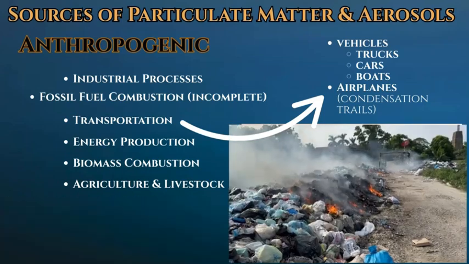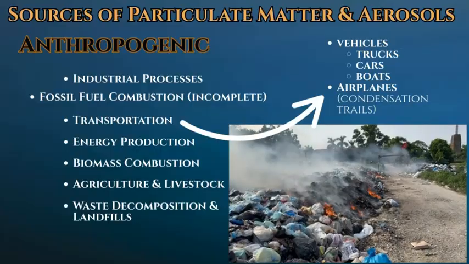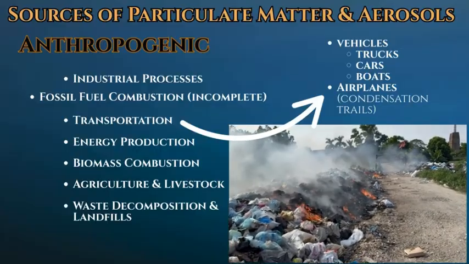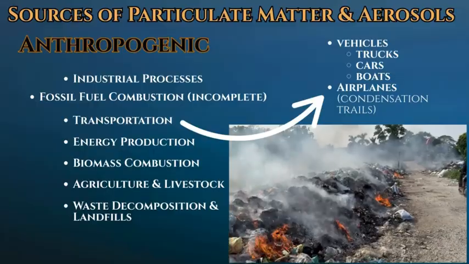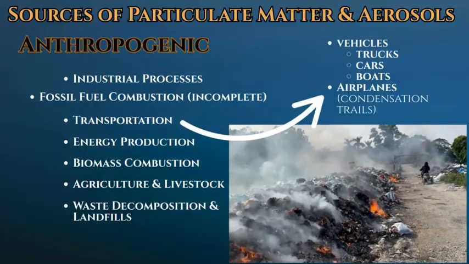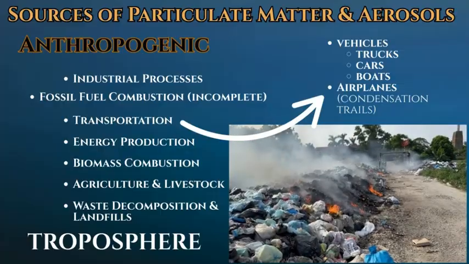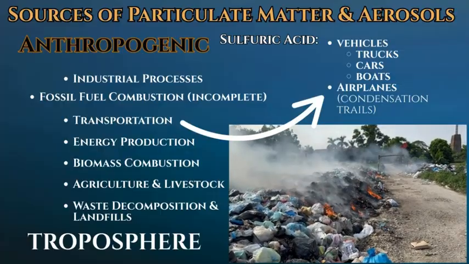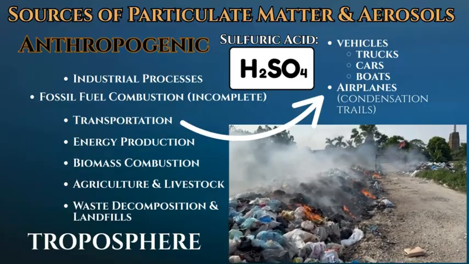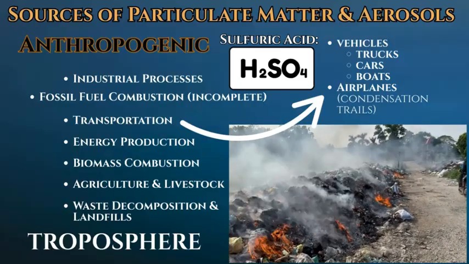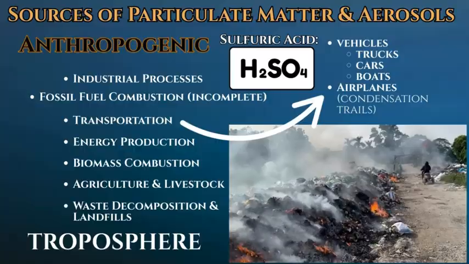And finally, any kind of landfills and waste decomposition is going to produce particulate matter into the atmosphere as well. Now, anthropogenic is mostly focused and concentrated in the troposphere. The stratosphere is more to do with aerosols and mainly sulfuric acid in the aerosol mixture.